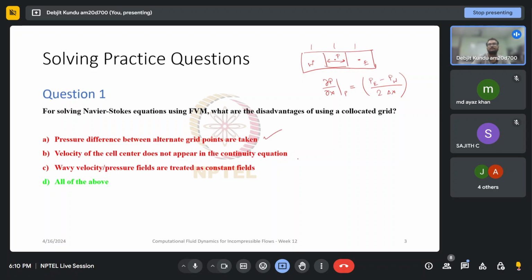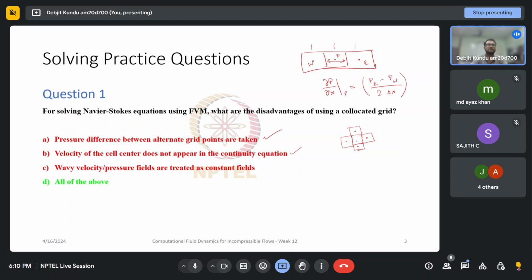Then option B, the velocity of the cell center does not appear in the continuity equation. This is also correct. So if we are trying to satisfy the continuity equation at a certain cell, then all the velocities at the adjacent grid points appear.